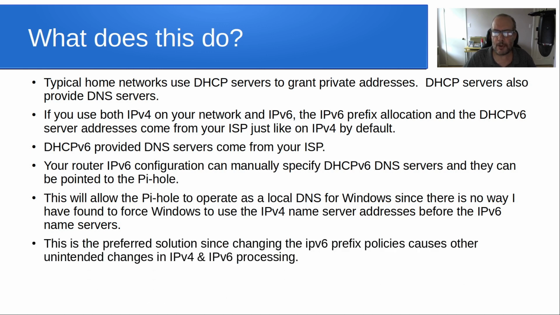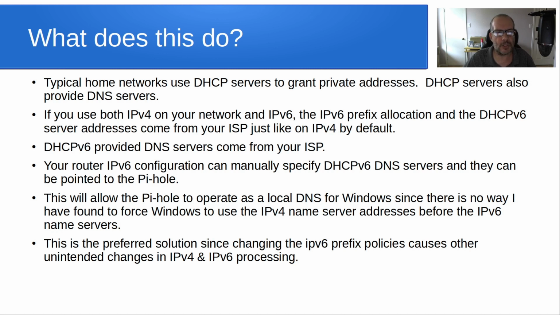So this is the preferred solution, since changing the IPv6 prefix policies and making registry changes, which are two things I found documented out on the internet, they typically provide a way to make some of these changes, but they also result in unintended changes in your IPv4 and IPv6 processing.